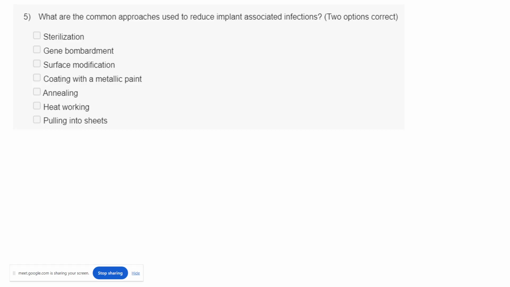Anybody else? Two correct options among these which are used to reduce implant associated infections.